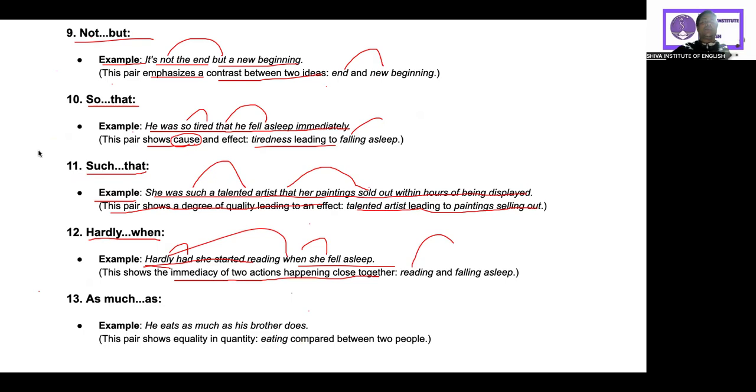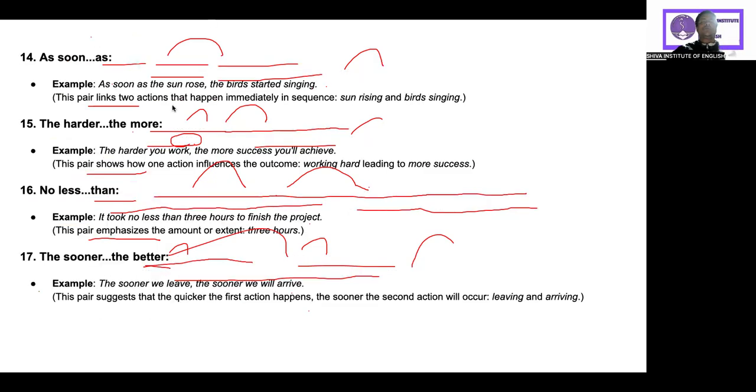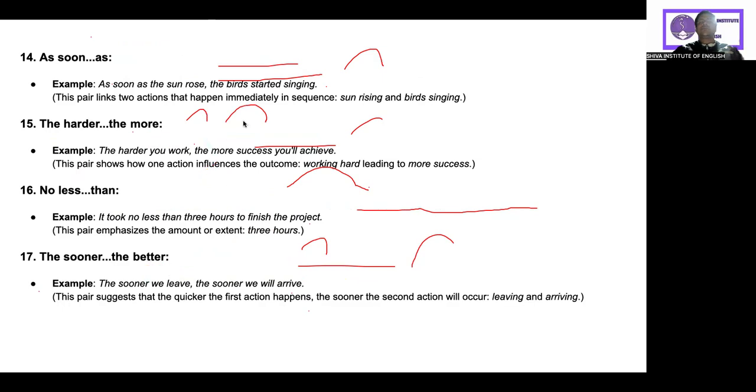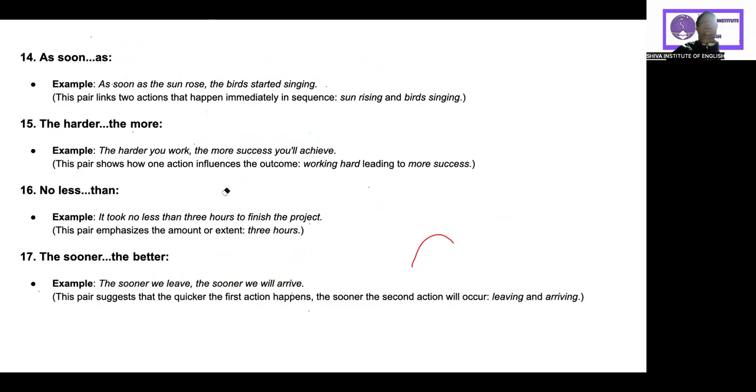Okay, then we'll move on to the next couple of items, finish them, and go for some questions to do. The first one is "as soon as", number 14. "As soon as the sun rose, the birds started singing."